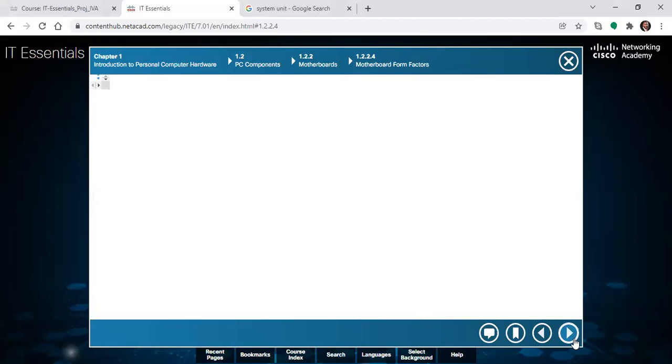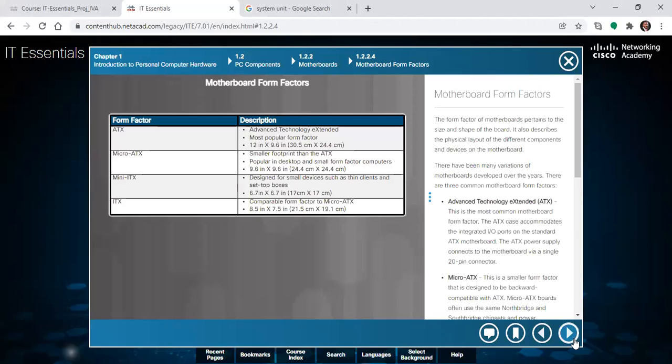If you have any question, please do let me know before we talk about the form factors of motherboard. Any question? Can you all hear me?